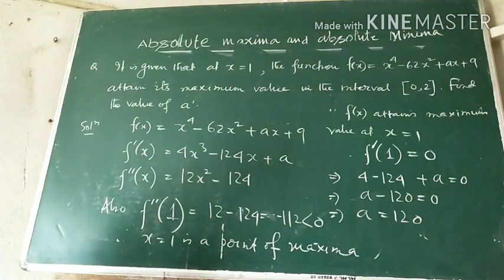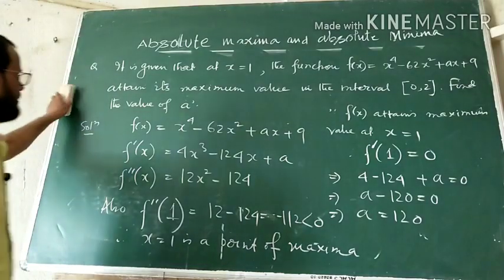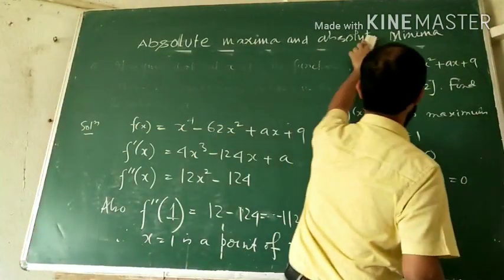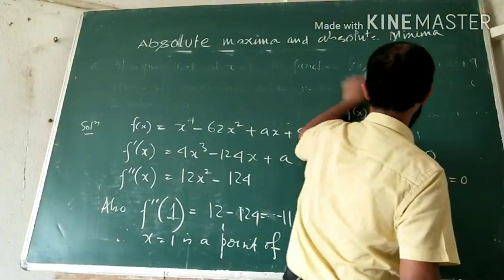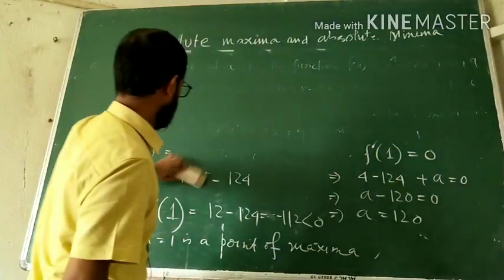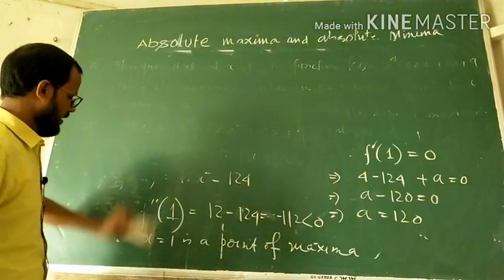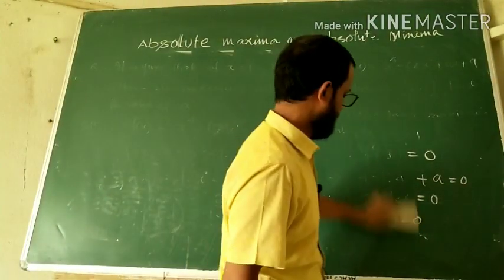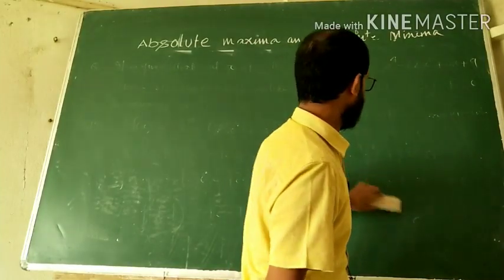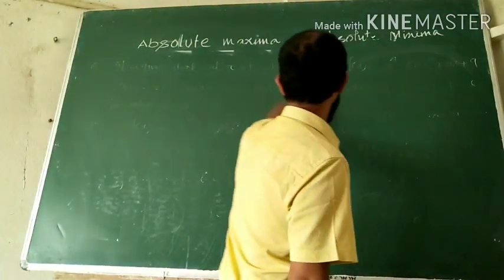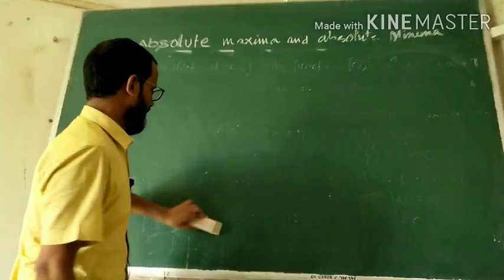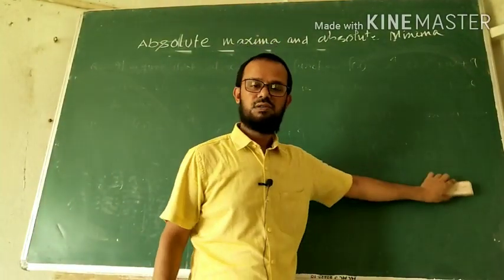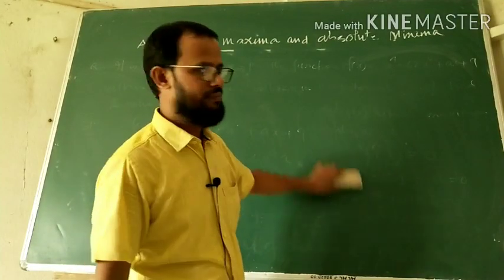Nice question. This type of question has not yet been asked in the final examination, so it is important for you. So I hope I make you understand about absolute maximum and absolute minimum. Whenever a function is defined on a closed interval, you have to find the maximum or minimum value as absolute maximum and absolute minimum.